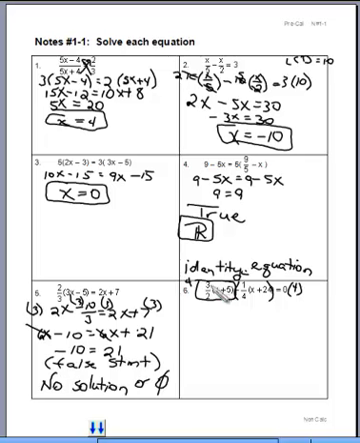Well, the 3 is distributed, so if we just multiply the 4 by this piece in front, we can then distribute that.